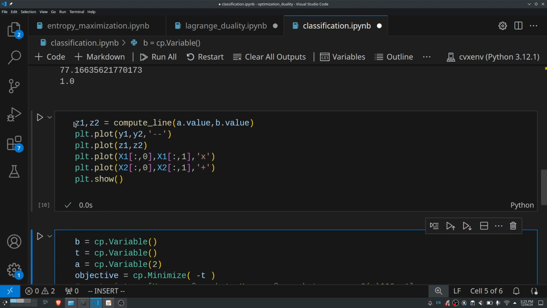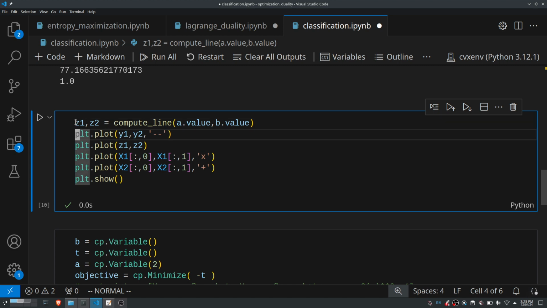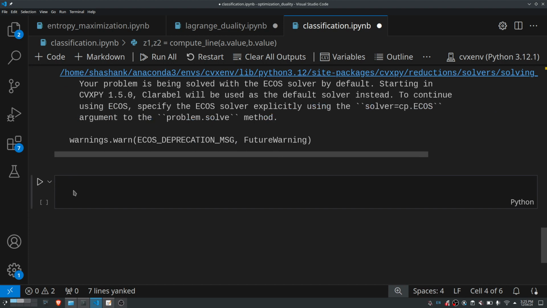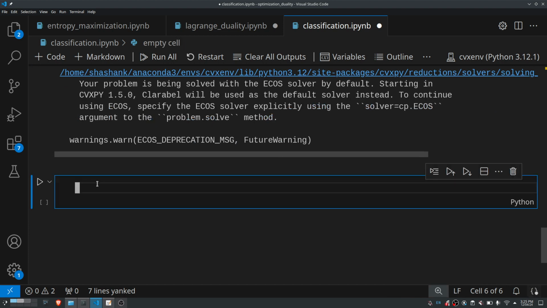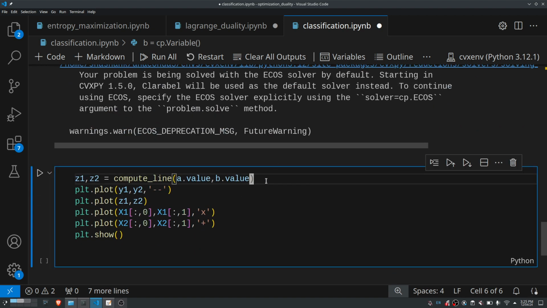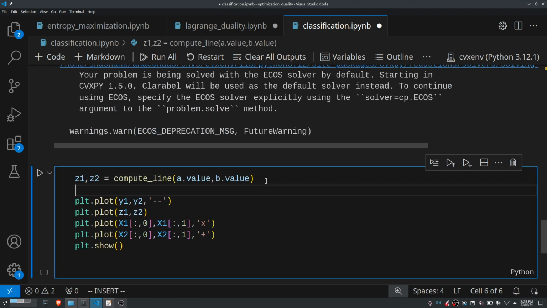Now let me try to plot the same. But in addition, I also try to plot the entire buffer region.